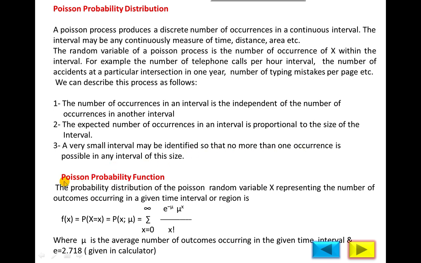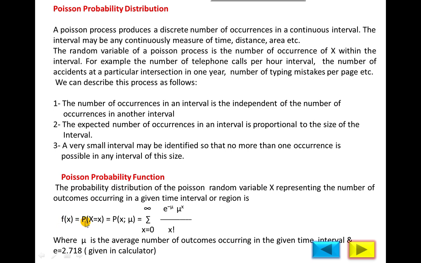And about the Poisson probability function or formula: the probability distribution of the Poisson random variable x. You know that in probability distribution we use the term random variable instead of variable. Random variable x represents the number of outcomes occurring in a given time interval or region. This is the formula of the Poisson probability distribution. In general we use the notation f of x for any function.